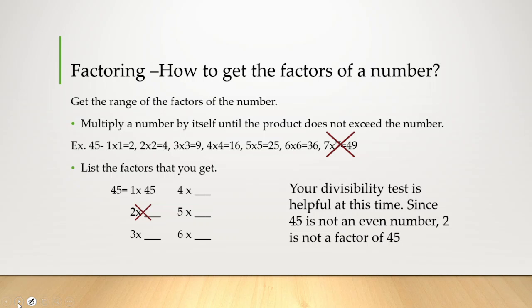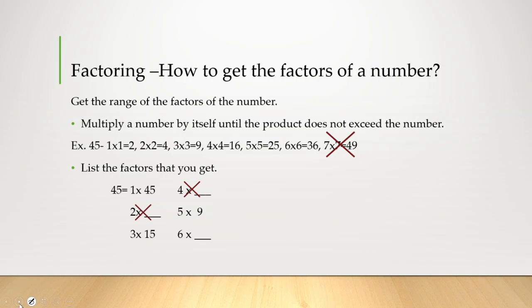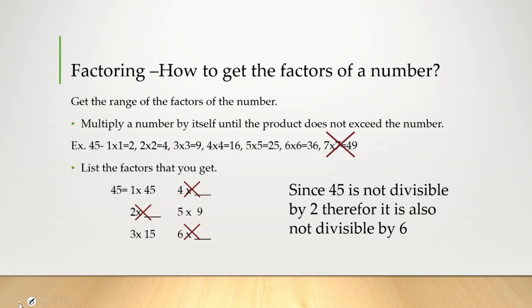Okay? Using the divisibility by 3. 4 plus 5 is 9. So, nadidivide siya sa 3. So, it is 15. Sa 4, hindi rin. Kasi last 2 digit, hindi nadidivide sa 4. 9. And sa 6 ay hindi. Kasi hindi naman siya even number. Di po ba? So, using the divisibility could help you to give the factors of the number.